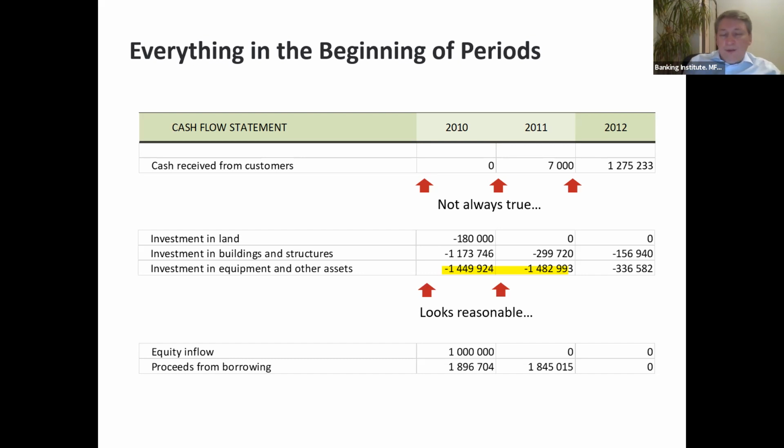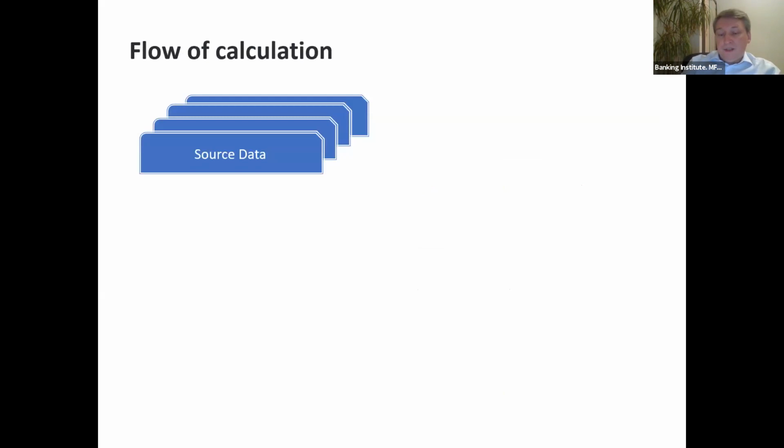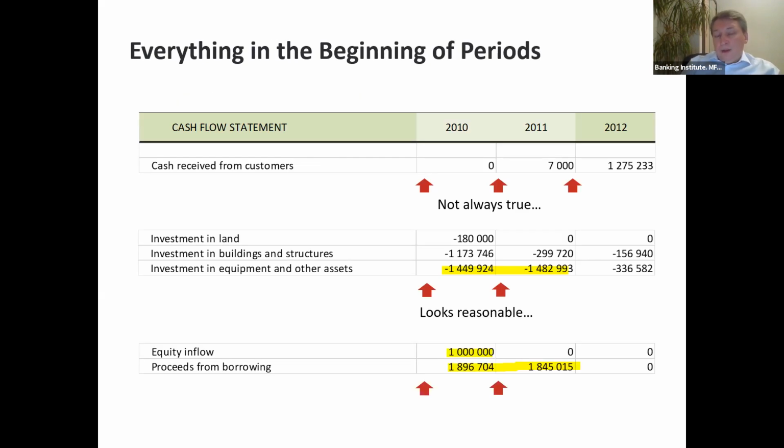Maybe still it will be evenly distributed within the year, but the assumption that we have this cash outflow in the beginning of the year looks quite reasonable. And if yes, if our initial investments were in the beginning of the year, then our equity inflow and proceeds from borrowing should be in the beginning of the year as well, because we finance our investments with this money.